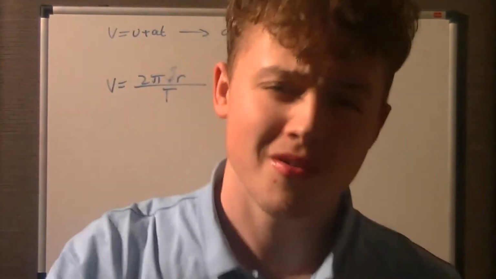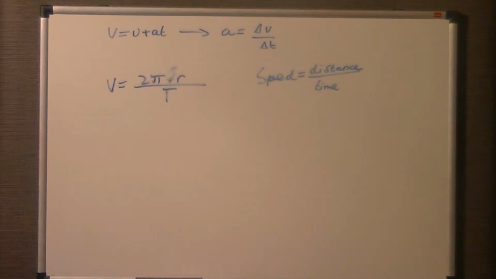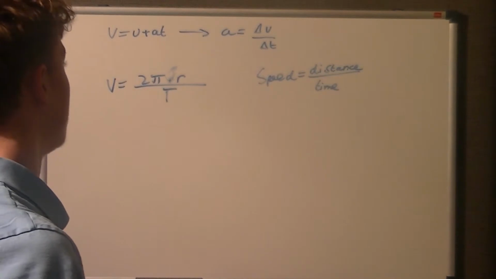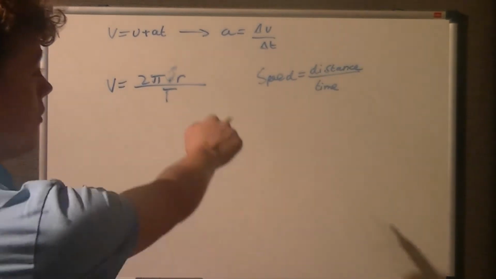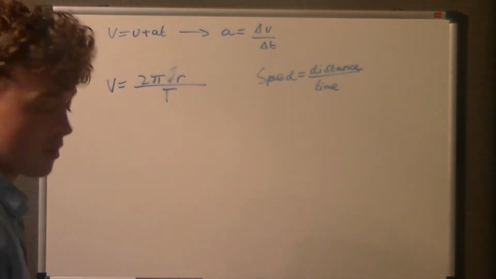For an average speed, the average speed is distance over time.